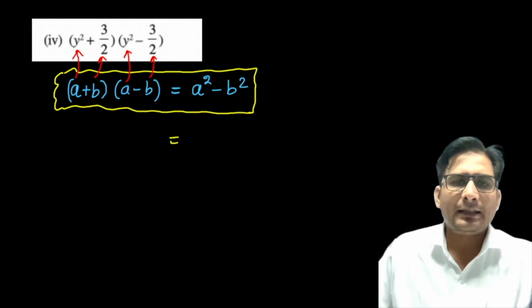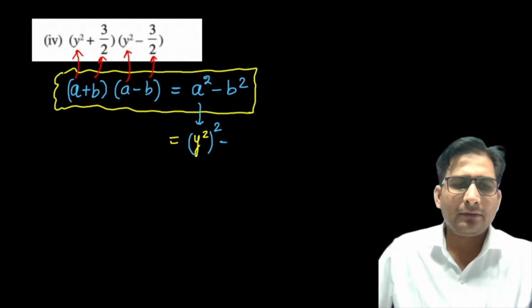So it can be written as, at the place of a, what is a? Y square. So y square, and it is a square. So at the place of a put y square, and at the place of b, what is b given? B is given as 3 by 2. So at the place of b we put 3 by 2, and its square is there, 3 by 2 whole square.